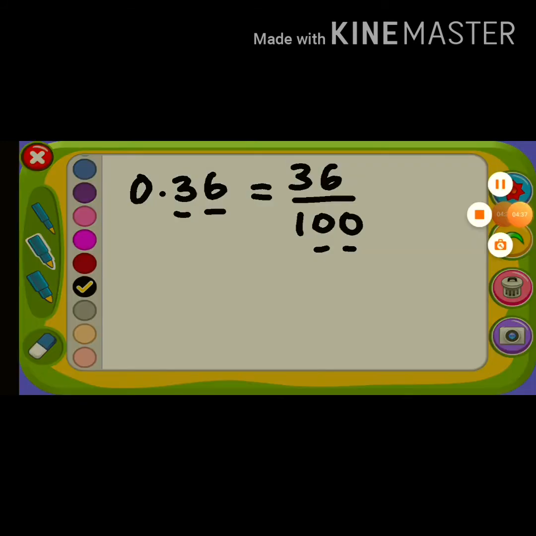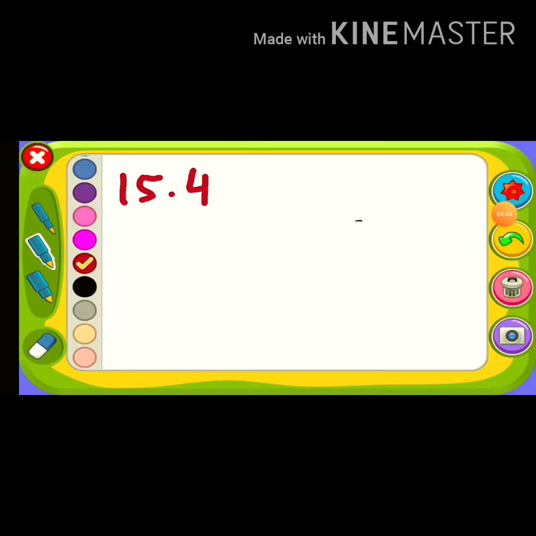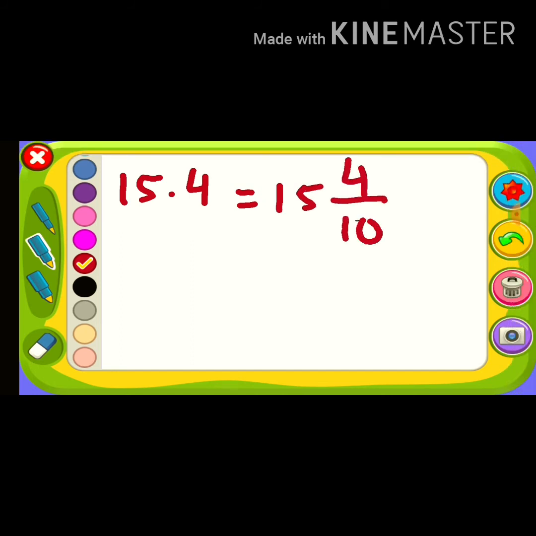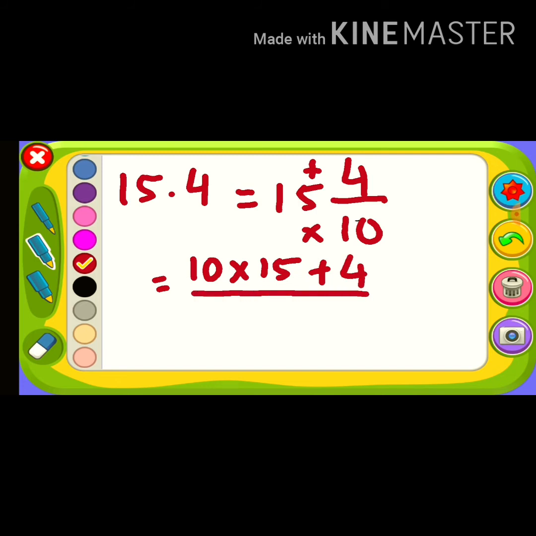Let's see the second bit, 15.4. So 15.4 can be written as a mixed numeral 15 whole 4 by 10. So here you can convert this mixed numeral into improper fraction. 10 15s are 150 plus 4 by 10, which is equal to 154 by 10.